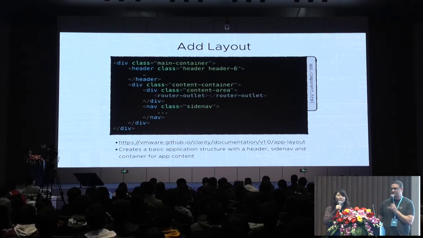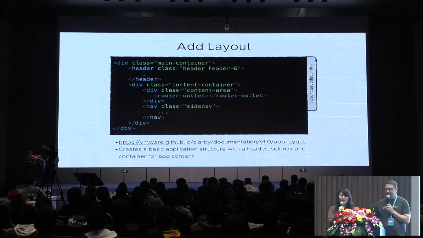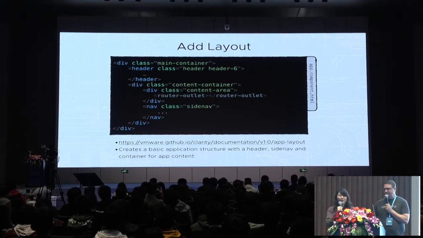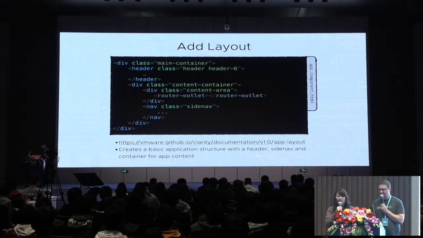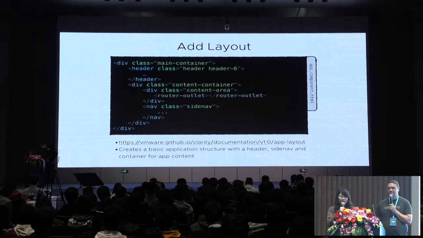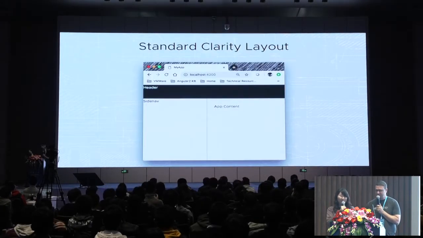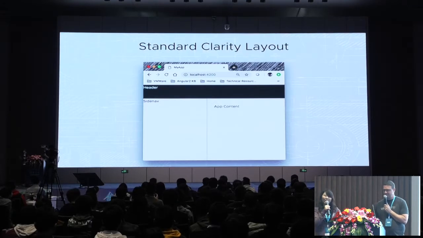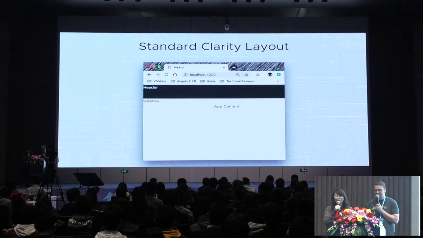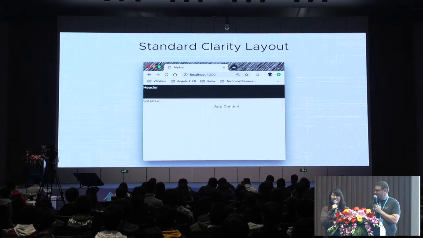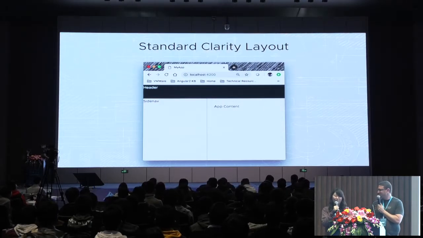Right. So in this example, all I did was I took the basic layout from our documentation, and by doing this, I already get a fully running application ready for you to add any logic and put the more interesting part of the code into it.